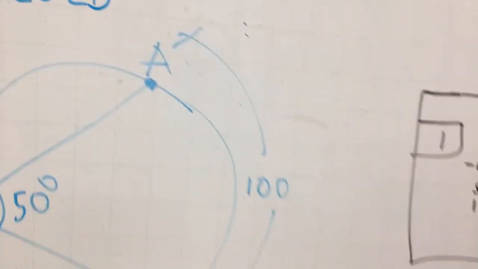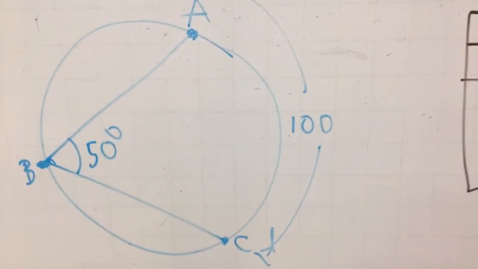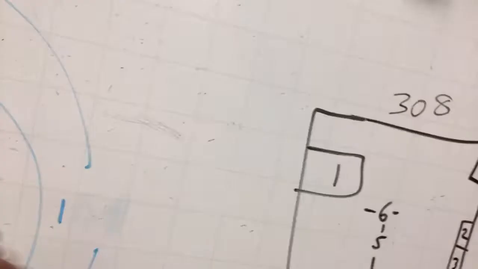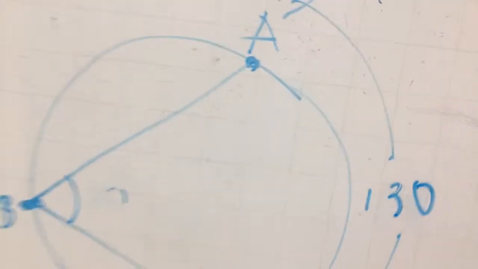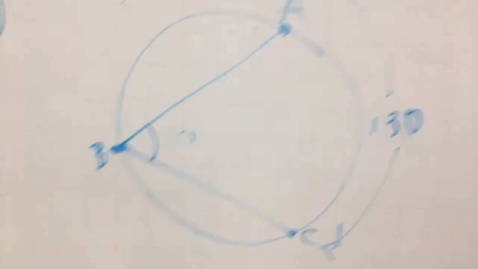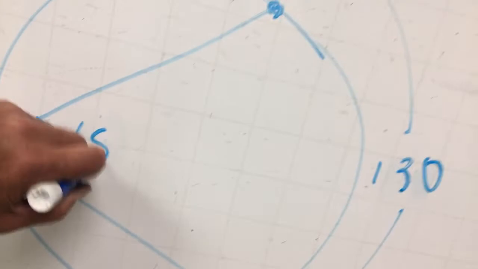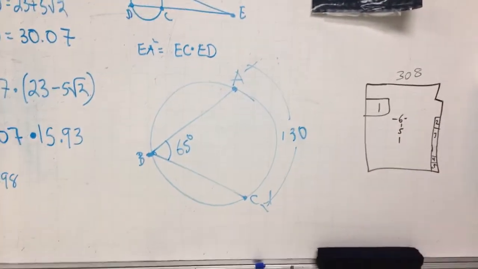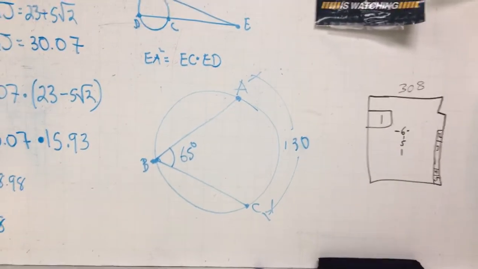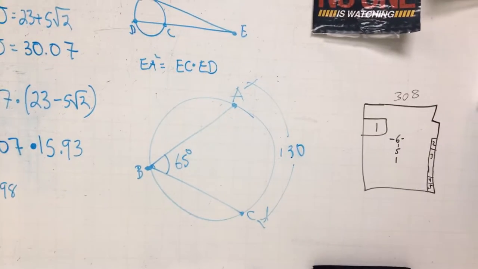The measure of the arc is twice the angle. Now, what if this arc was 130 and you wanted to know the measure of the angle? Well, the measure of the angle is half of 130. What's half of 130? It's 65 degrees. That's how that works. That's page 1. A lot of you guys are taking the angle and cutting it in half and doing all kinds of crazy things. Anyway, hopefully that helps you out a little bit.